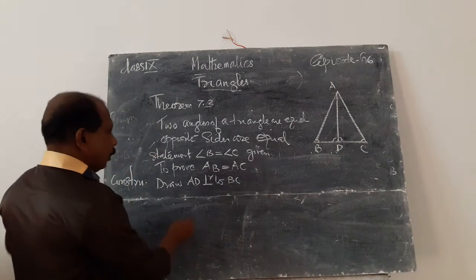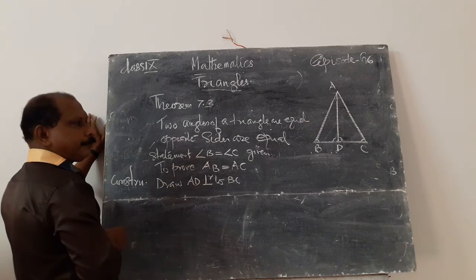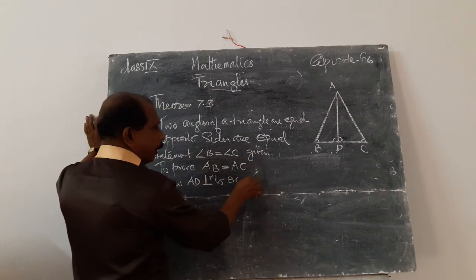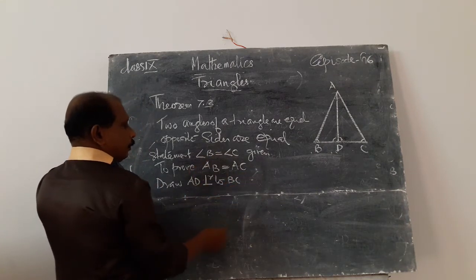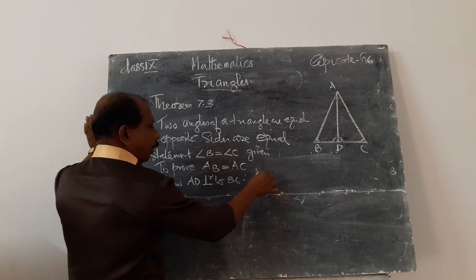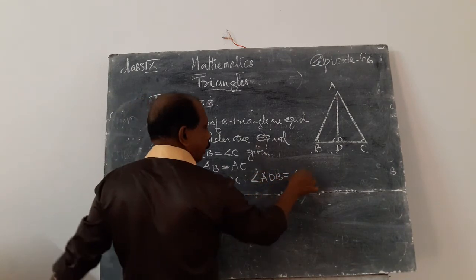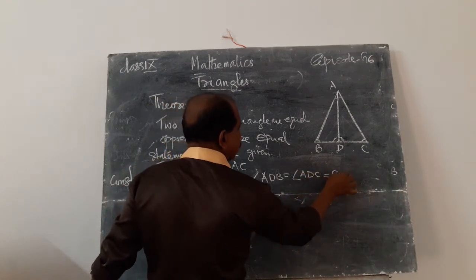That means AD is perpendicular to BC. Angle B is equal to angle C. Therefore, angle ADB is equal to angle ADC is equal to 90 degrees.